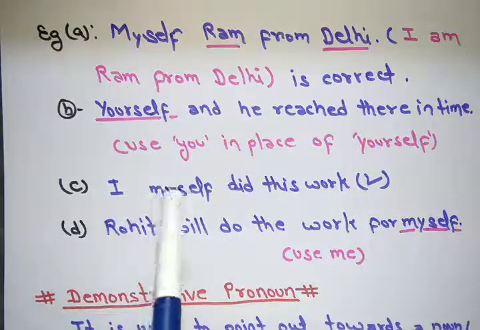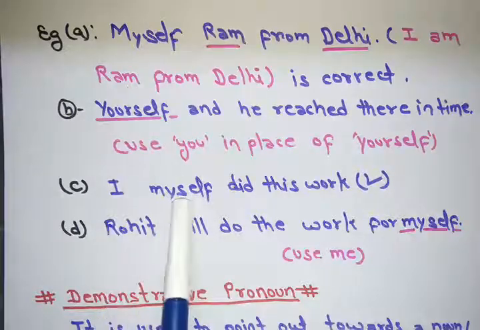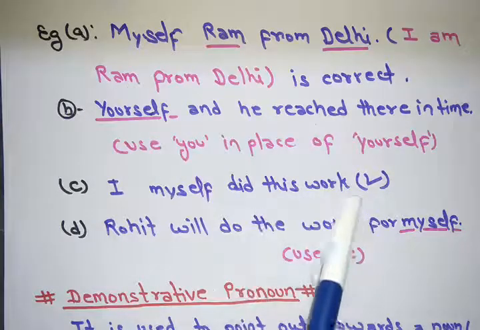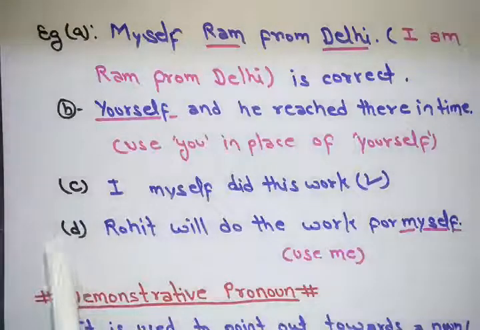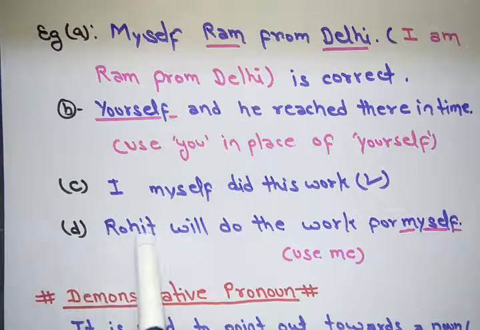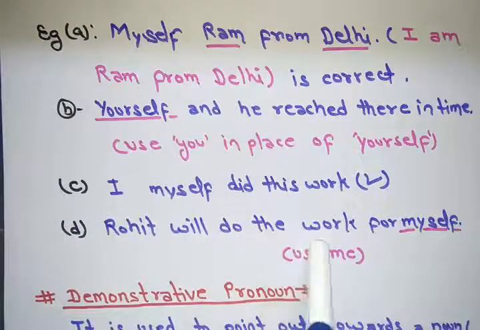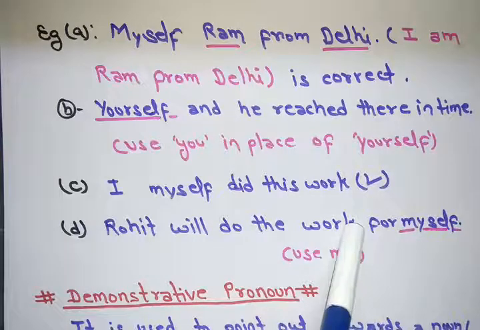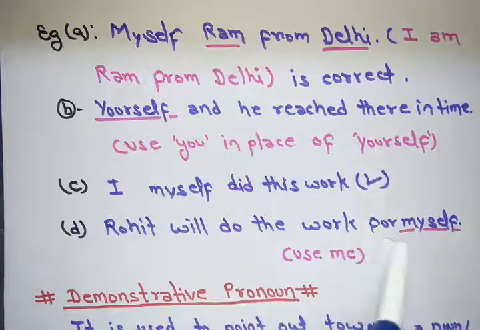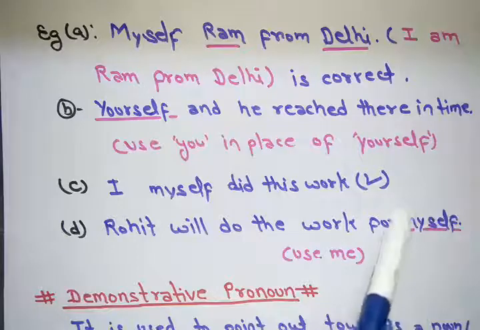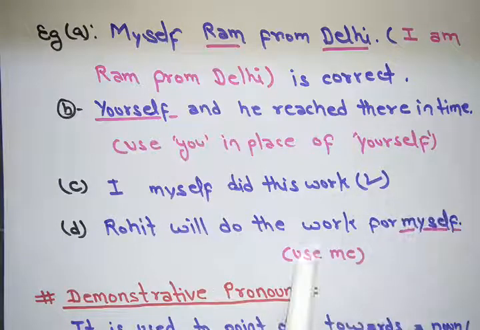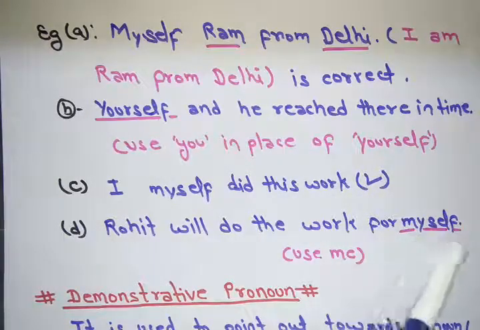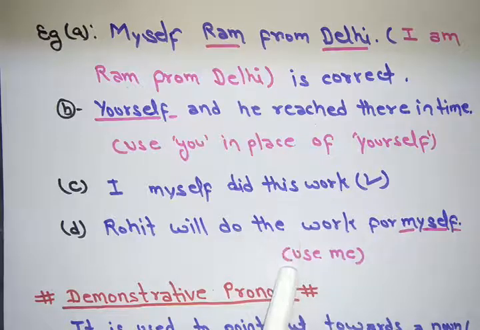So we can use myself here. I myself did this work. And the fourth one is Rohit went to the work from for myself. We can't use myself here, use me. Remove myself here and use me.